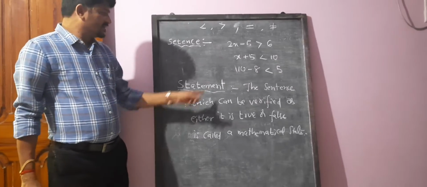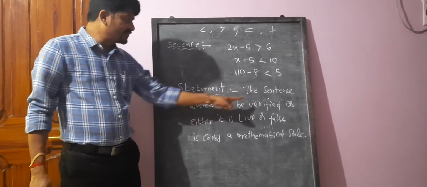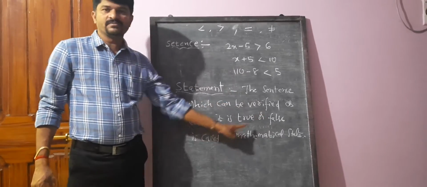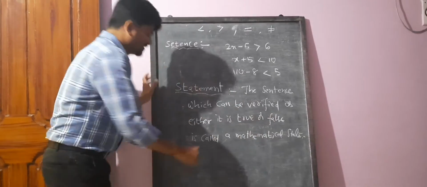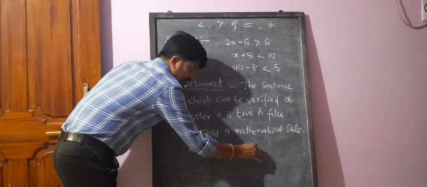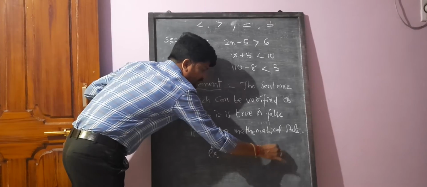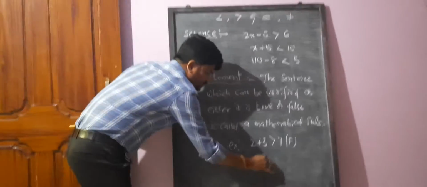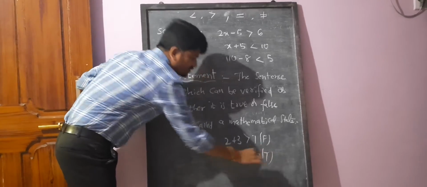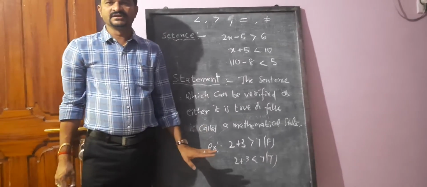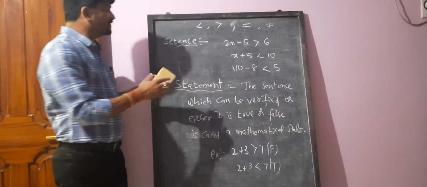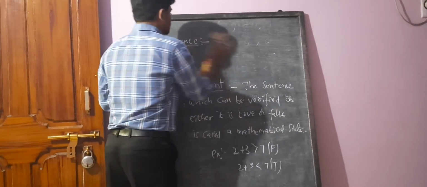Clear, children? A sentence which can be verified as either true or false is called a mathematical statement. Examples: 2 plus 3 greater than 7, false. 2 plus 3 less than 7, it is true. These are statements. Clear?